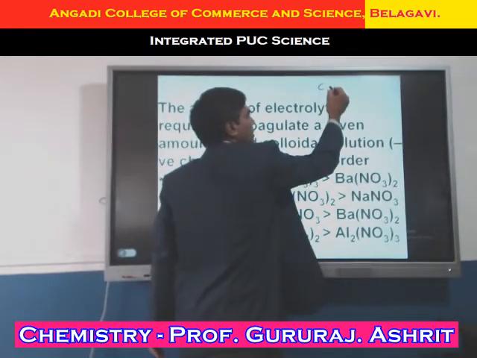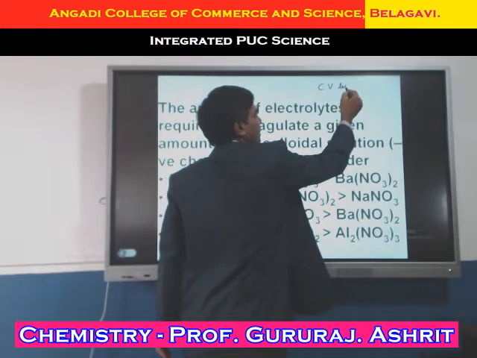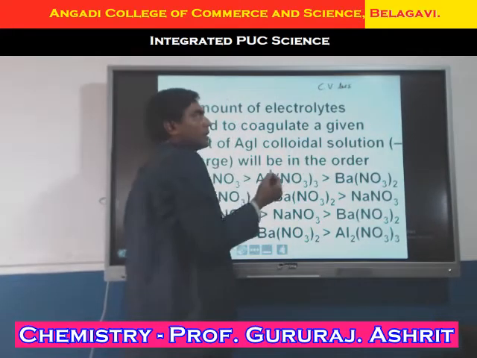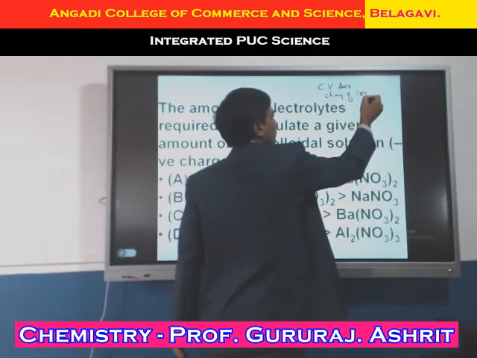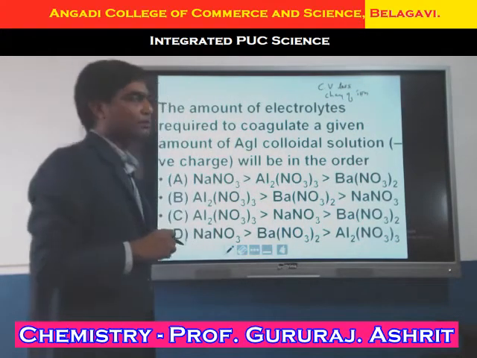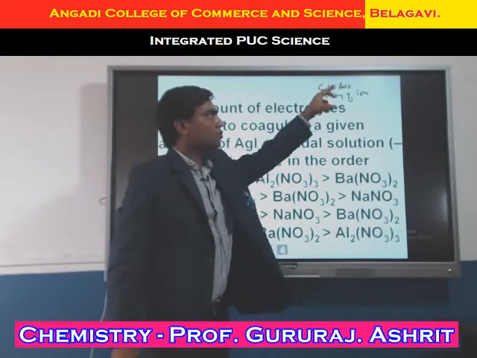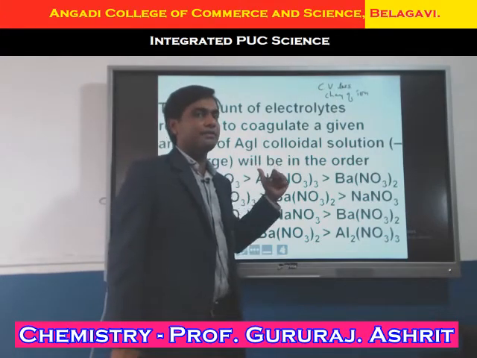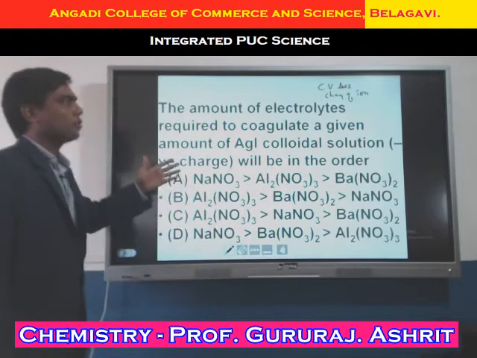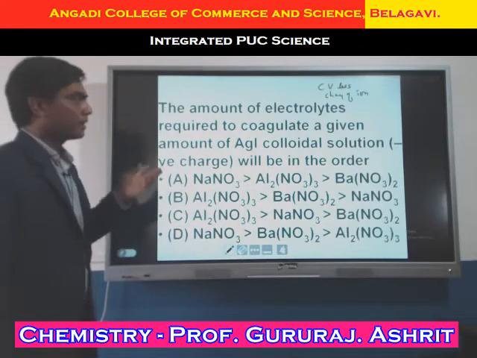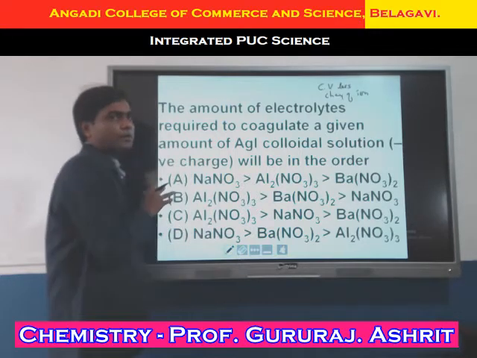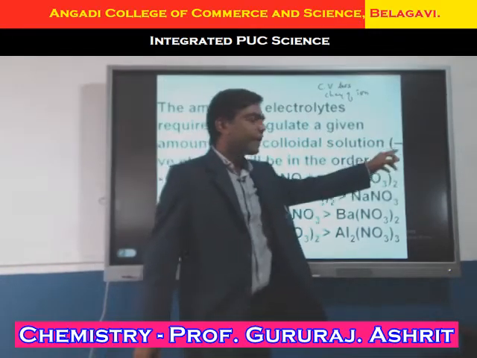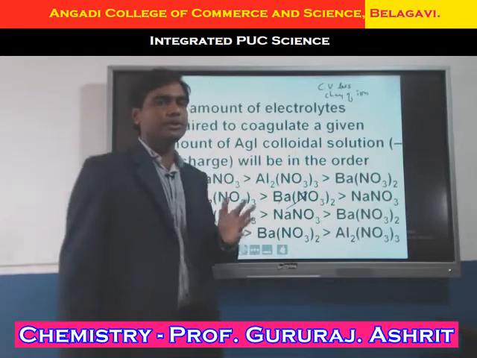If the coagulation value is less, the charge of the ion will be more, according to the Hardy-Schulze rule. Based on these two concepts, we can identify which will coagulate and which will not. And one more thing, you should know the charge of the compound. In some question papers they will give the charges in brackets, which will make it easy for you.